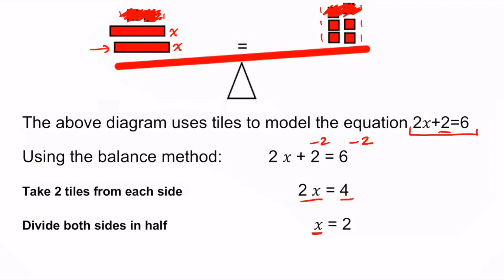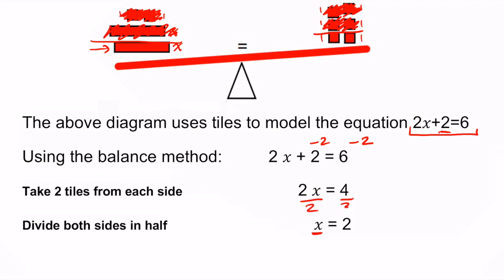Okay? We still need to get x by itself. We've got 2 x's on the left side and 4 singles on the right-hand side. So what we can do is split both of these in half and remove half of them. If we remove half of what's on the left-hand side and half of what's on the right-hand side, we're still keeping this scale in balance.